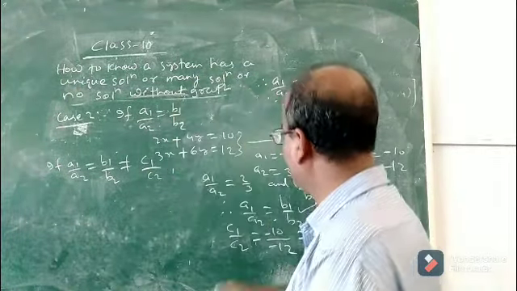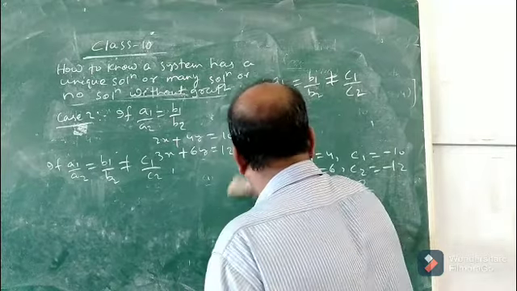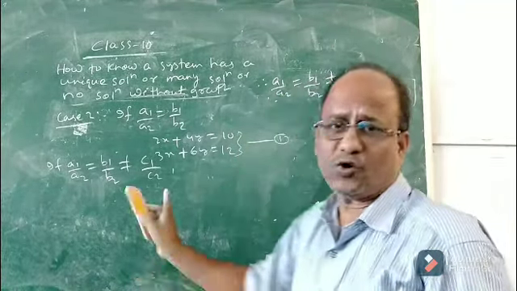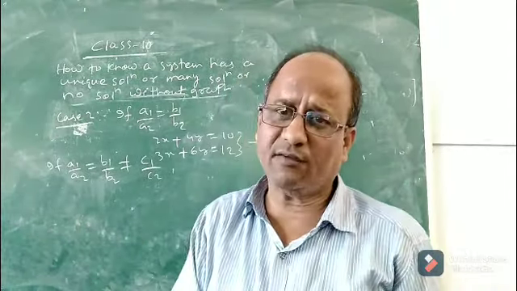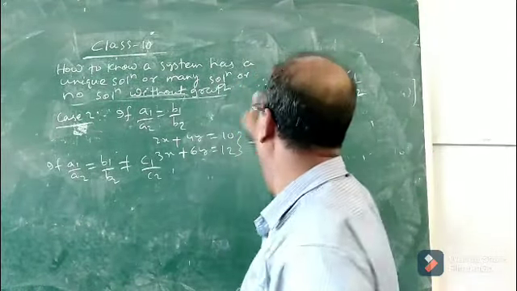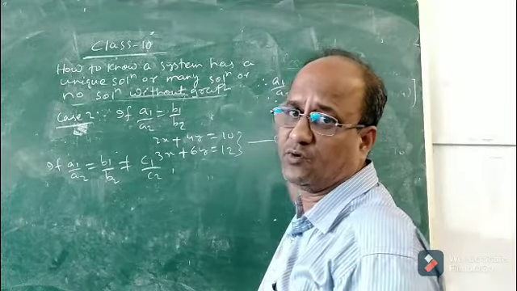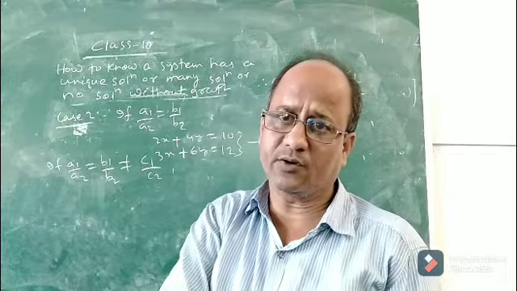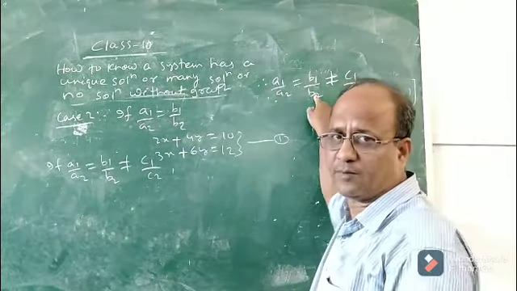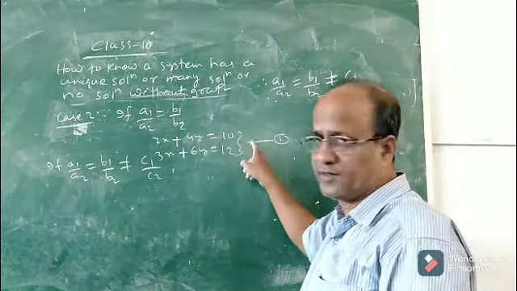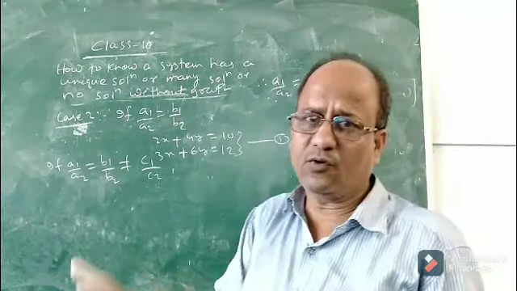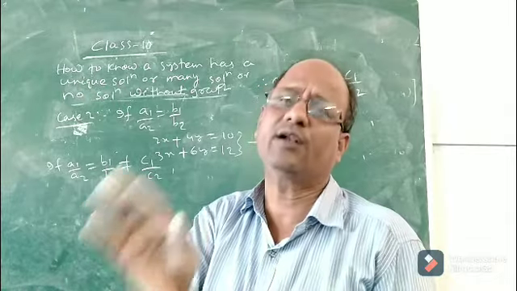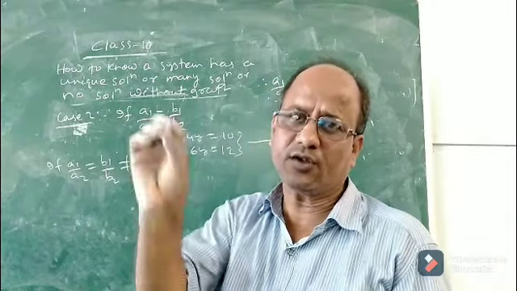There is no question of a unique solution in this case, because for a unique solution the condition is A1 by A2 should not be equal to B1 by B2. As A1 by A2 equals B1 by B2, this system will have no unique solution. So it will have either many solutions or no solution. Let us see whether it will have a unique solution or many solutions.